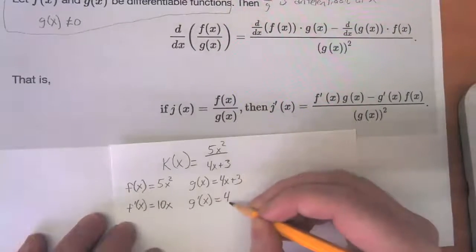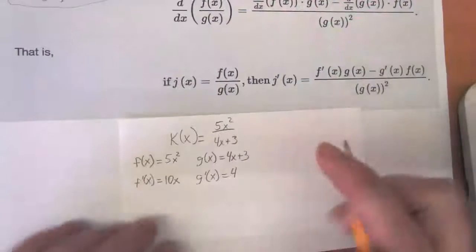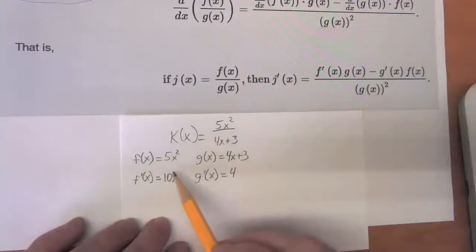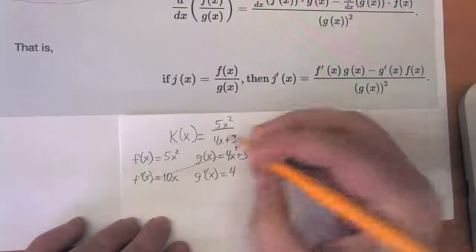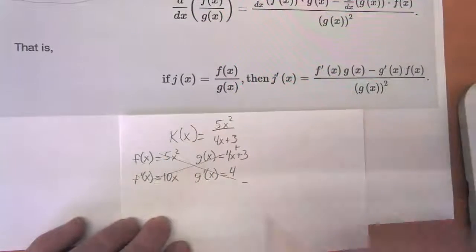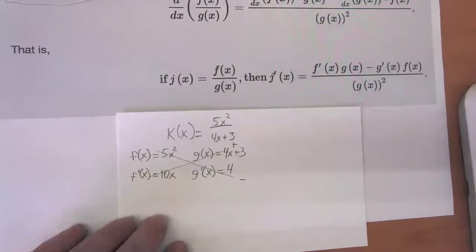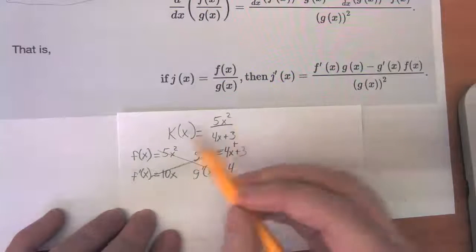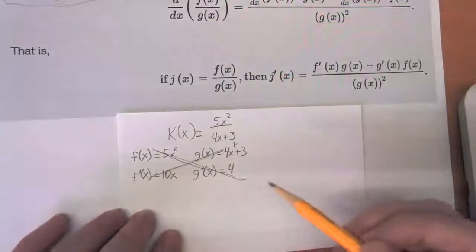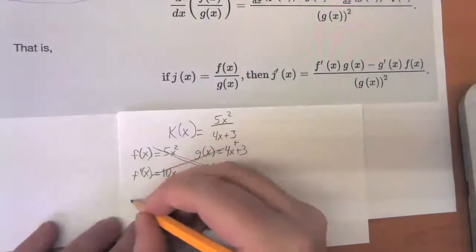The derivative of 3 is 0, so that goes away. All right, and this time, we're going to take f prime of x times g of x. So we're going to multiply these two. And this is going to be our positive thing, and then that's going to be our negative number. Okay? So maybe you can remember that this line has a positive slope and this line has a negative slope to remember which you add and which you subtract.